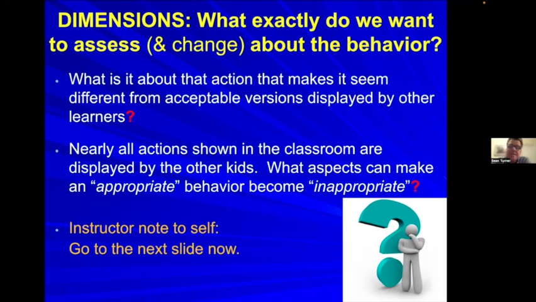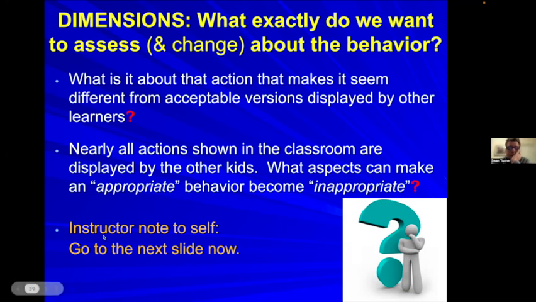In either case, there's a change. So what are you assessing and changing? Are you trying to increase that target behavior, or trying to decrease the target behavior and replace it with something else? These are some great things to think about.